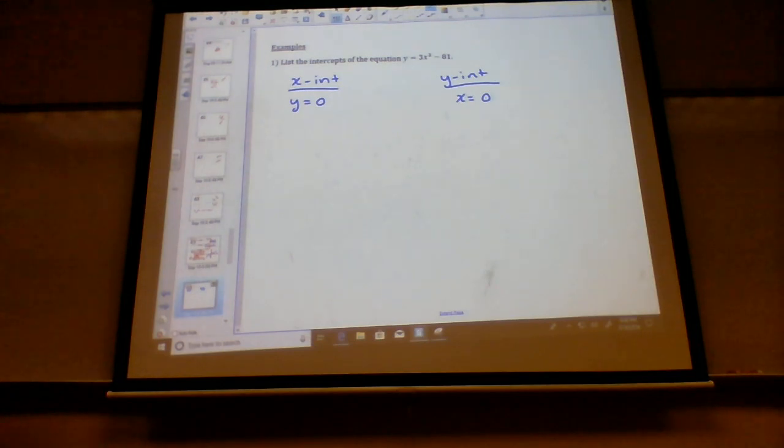So if y is 0, then I have 0 = 3x^3 - 81. And I just solve for x. Add 81 to both sides. 81 = 3x^3. Divide both sides by 3.